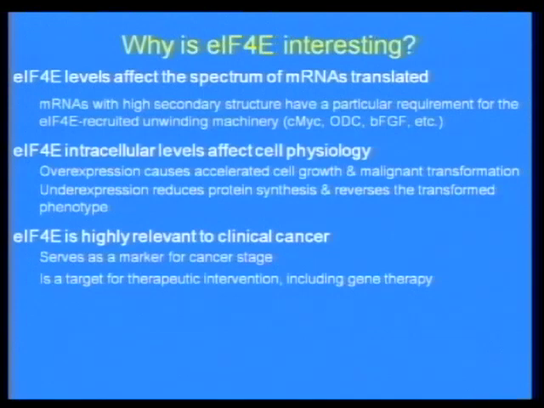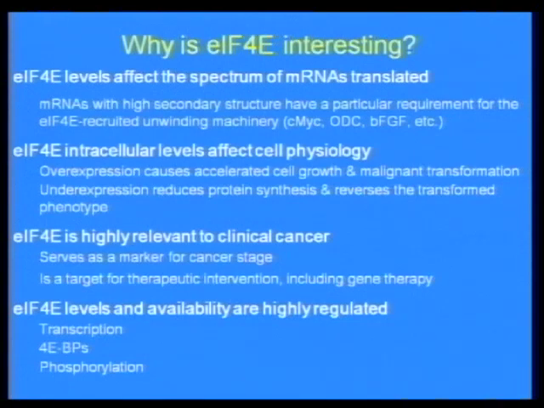And for this reason, 4E is very relevant to clinical cancer. There's a large number of clinicians that study 4E as a marker for cancer stage, and it's also a target for intervention because downregulating 4E reverses the phenotype. And then the regulation of this protein is varied and complex. I'll be talking about one aspect of that.